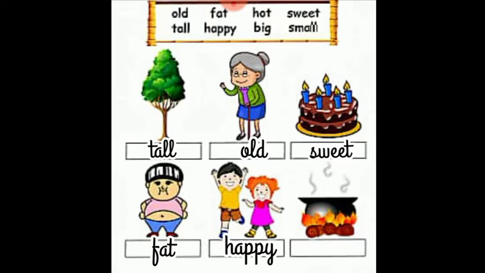Hot. Hot pan. So the words tall, old, sweet, fat, happy, hot, all these are adjectives which are used to describe these nouns.